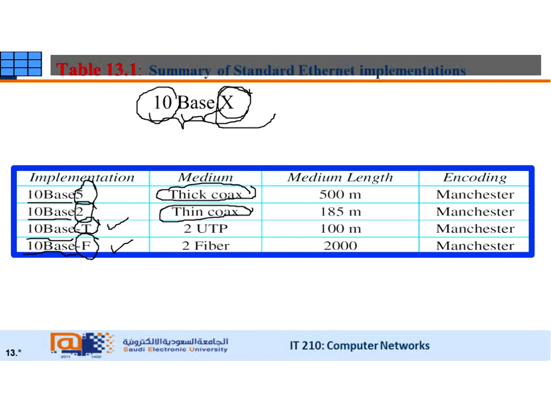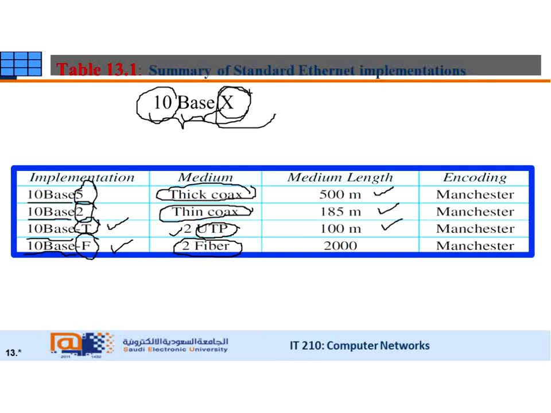In 10Base-T, as we know, T stands for twisted pair. In this case, the twisted pair cable is UTP, unshielded twisted pair, and we have 2 pairs of UTP. And in 10Base-F, we have 2 pairs of fiber optic cable.